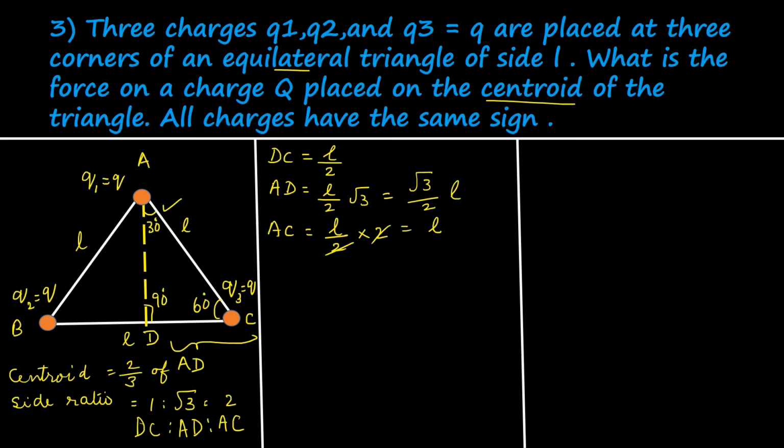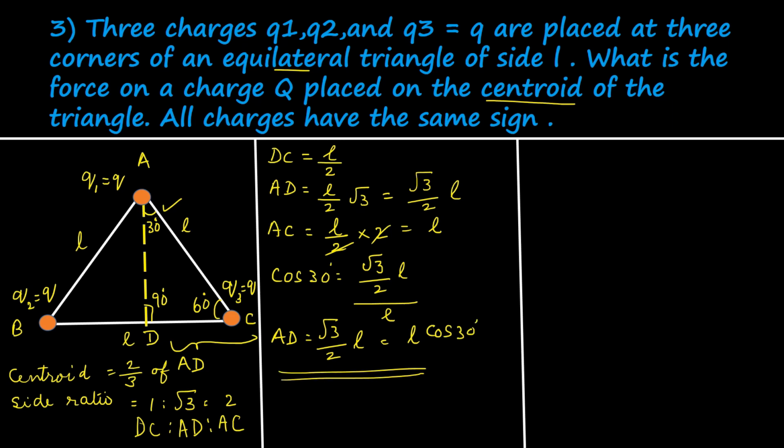We know cos theta is equal to adjacent side by hypotenuse. So cos 30 is equal to AD by AC. AD we know is equal to root 3 by 2 into L, and AC is equal to L. So root 3 by 2 into L divided by L. So from this we can understand AD equal to root 3 by 2 L is equal to cos 30 into L, that is L cos 30.